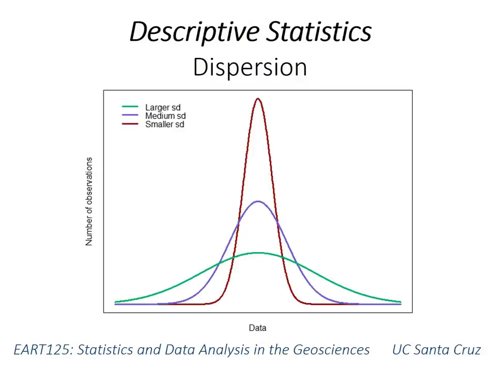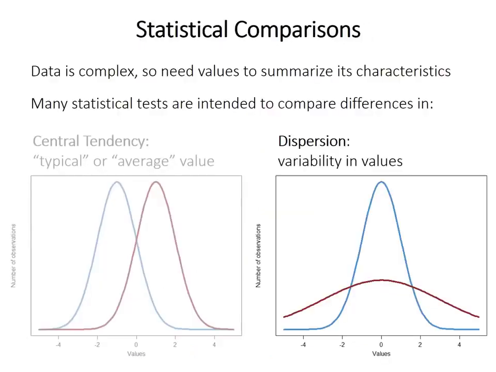This video builds upon our previous discussion of central tendency, mean, and median to introduce the descriptive statistics that you can use to summarize numeric data, especially those that discuss the dispersion or the variability of values in that data set. So, as we saw before, statistical samples contain many individual observations or values, and it's important, therefore, to have some kind of way to summarize the characteristics of that data set.